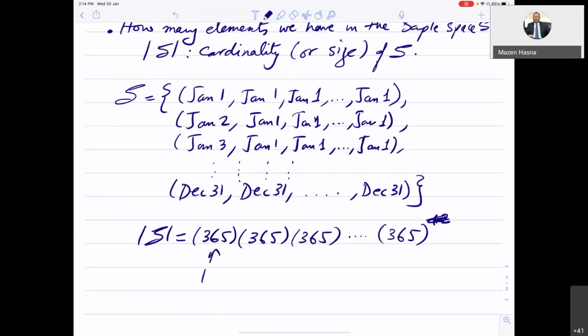So this is 365 power 42. This is how many you have in your sample space.